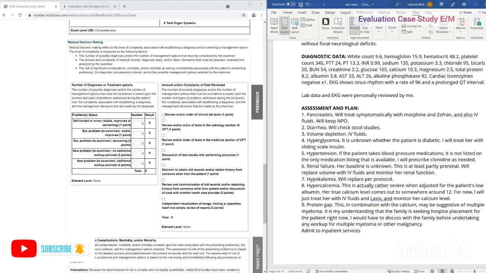So let's see. We have our lab data, so we can check here, review or order of clinical labs. And an EKG is actually in the medicine section of CPT, so we get 1 point there as well. Now, is this patient having a self-limited problem, an established problem to the examiner that's stable, worsening, or is it a new problem with no workup or a new problem with additional workup?